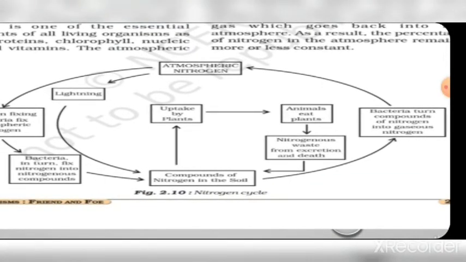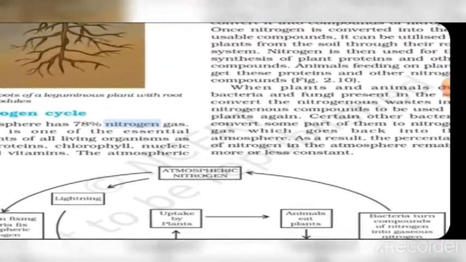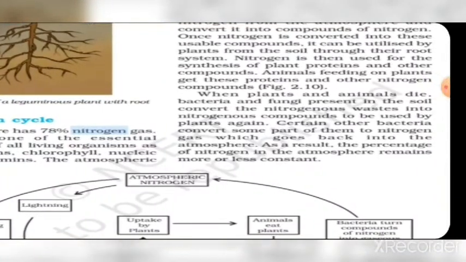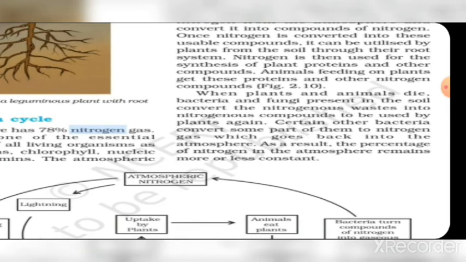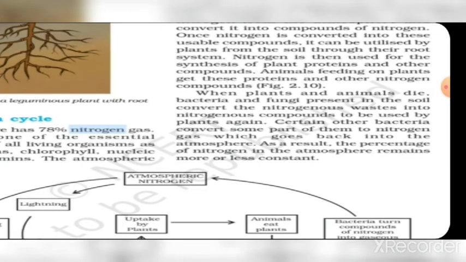See in the cycle, nitrogenous waste from the excretion and death, and thus the nitrogenous compound is present in the soil again, and bacteria turn compounds of nitrogen into nitrogen gas. Then what happened? How does this nitrogen present in the compound form change into free form?